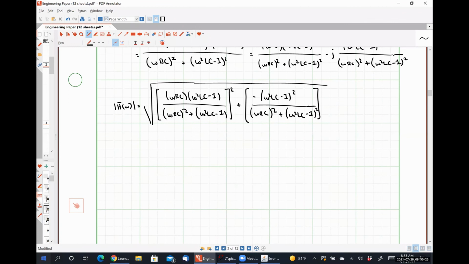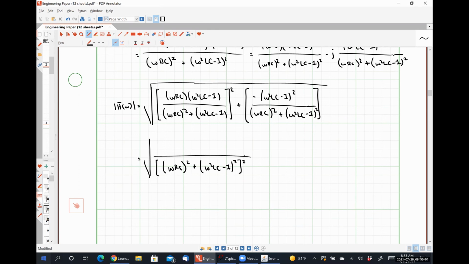And we are obviously going to have a denominator of omega RC quantity squared plus omega squared LC minus 1 quantity squared, that whole thing squared.